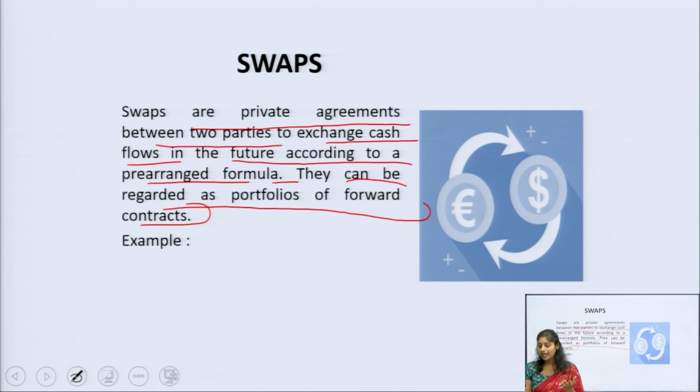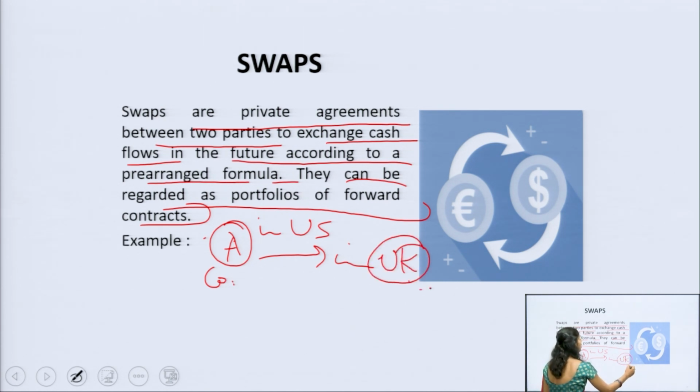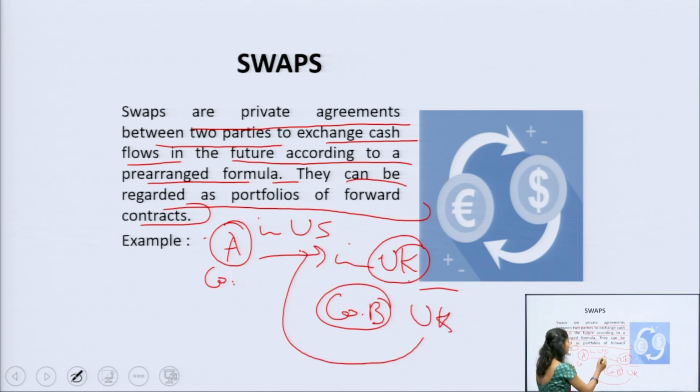How will it help? Suppose, for example, company A, sitting in the US, is interested in expanding its business in the UK, and company B, sitting in the UK, is interested in investing in the US market.